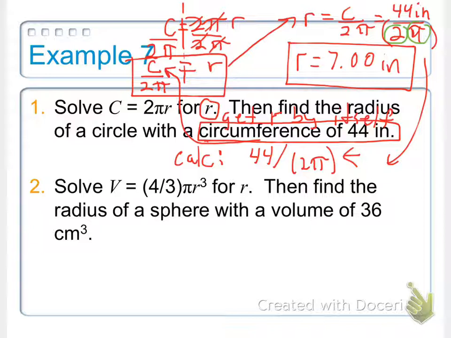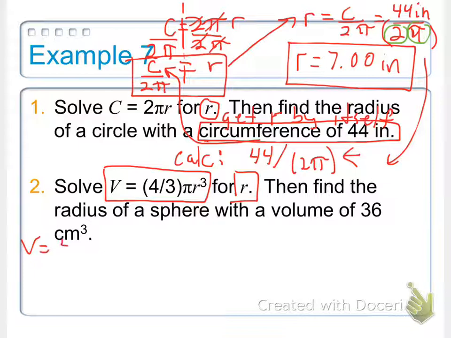So part 2 of it, now they're doing volume, but it's going to work the same way. It says solve for r. Okay, now we're going to have a bit of a weird thing happen. So don't freak out when I do this. We've got the volume here, and so we have to move everything over. So I'm going to write that formula right here.